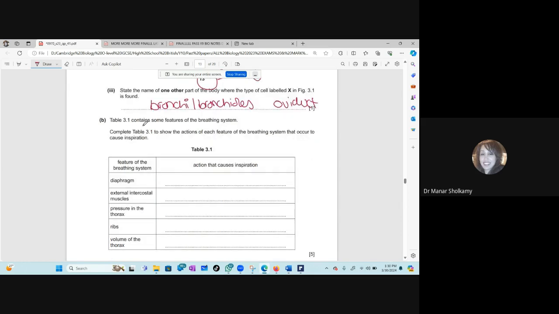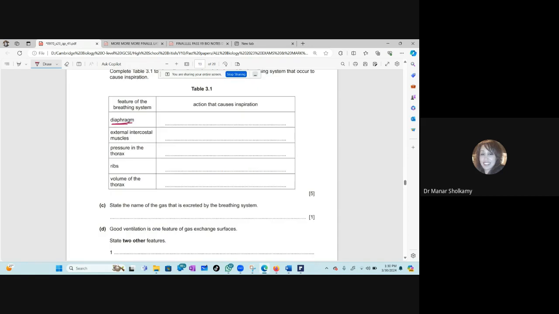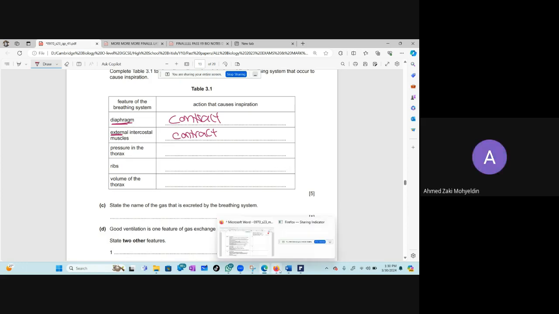Okay. Table 3.1 shows some features of the breathing system. Complete table 3.1 to show the actions of each feature of the breathing system that occur during inspiration. What happens to the diaphragm when you breathe in? Contract. Very good. What will happen to the external intercostal muscles? Contract. We said they were friends. Okay. Pressure in the thorax.